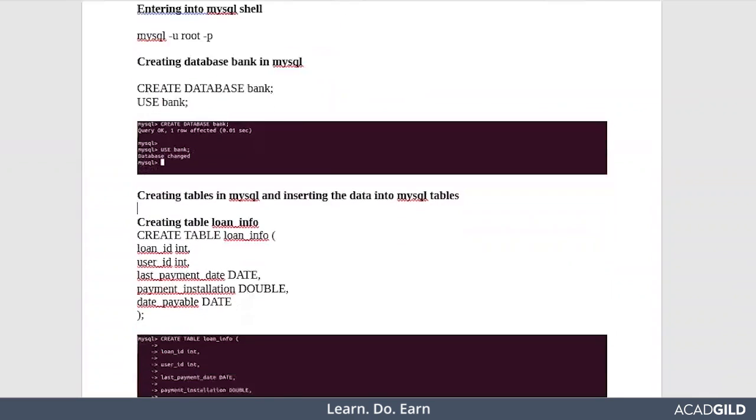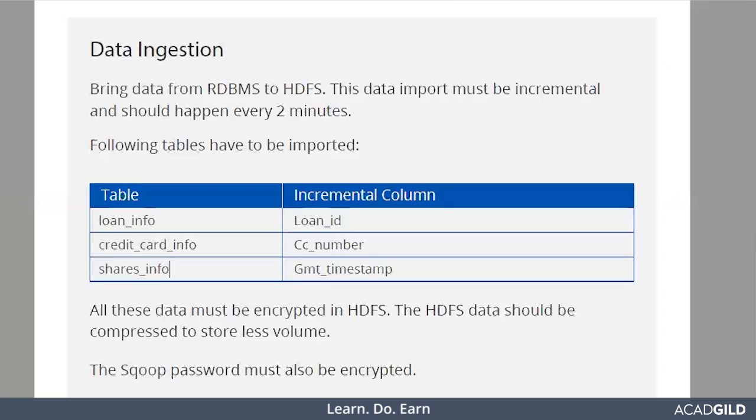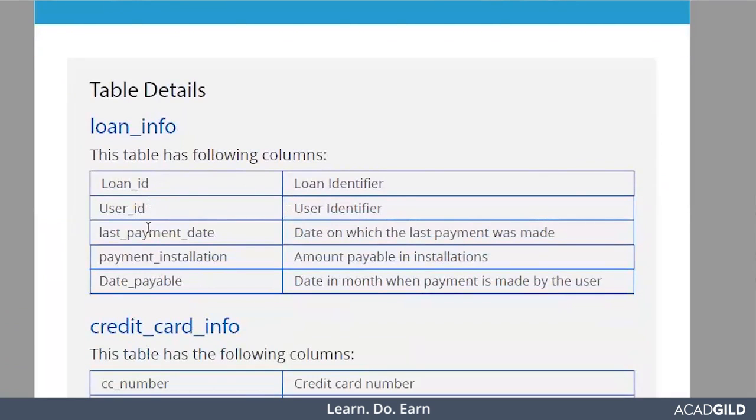The first table that we are creating in MySQL is loan info. Guys, are you able to connect the dots with the requirement document? The first table was loan info, incremental column loan ID. What are the various fields in this table? That is loan ID, user ID, payment date, and so on.